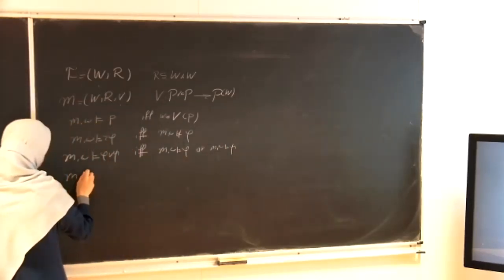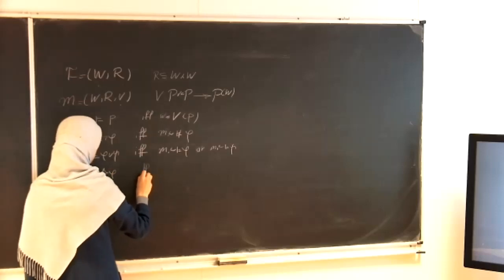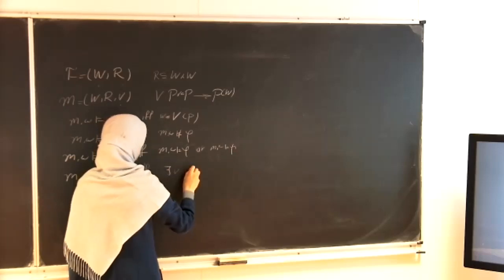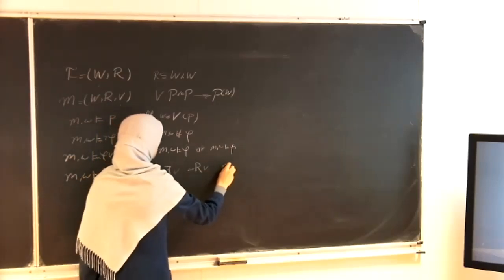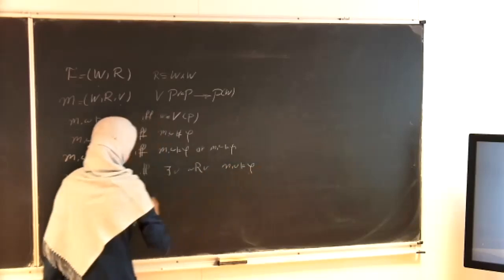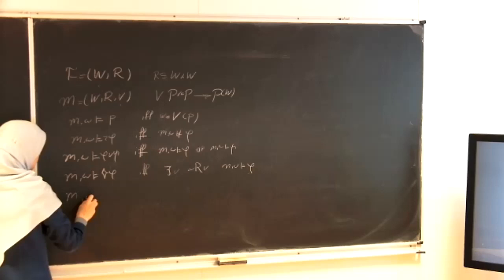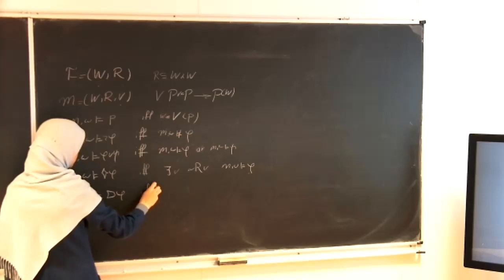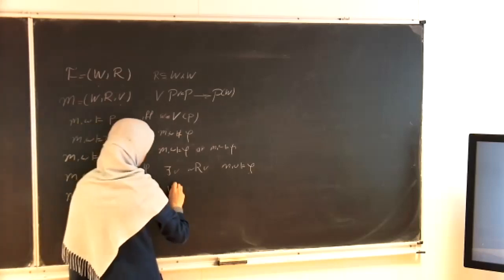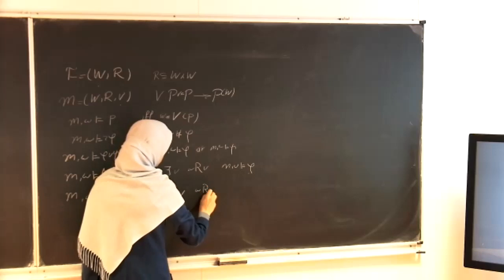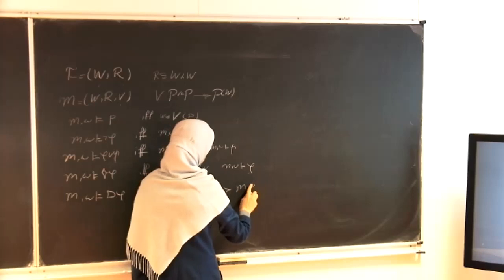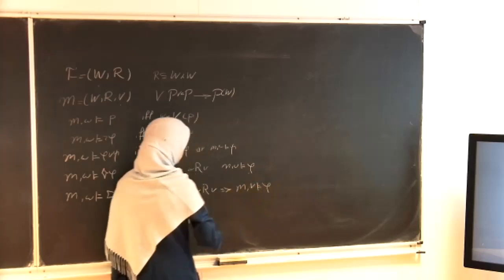And for modal operators, we have that diamond phi is true in w if and only if there is at least one state v which is accessible from w and in v phi is true. And since the box operator is the dual of the diamond operator, we have that box phi is true in w if and only if for all v, if v is accessible from w, then phi is true in v.